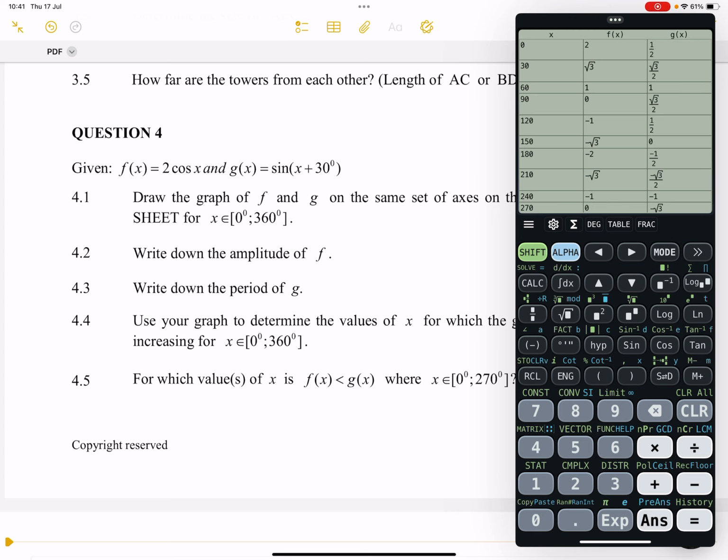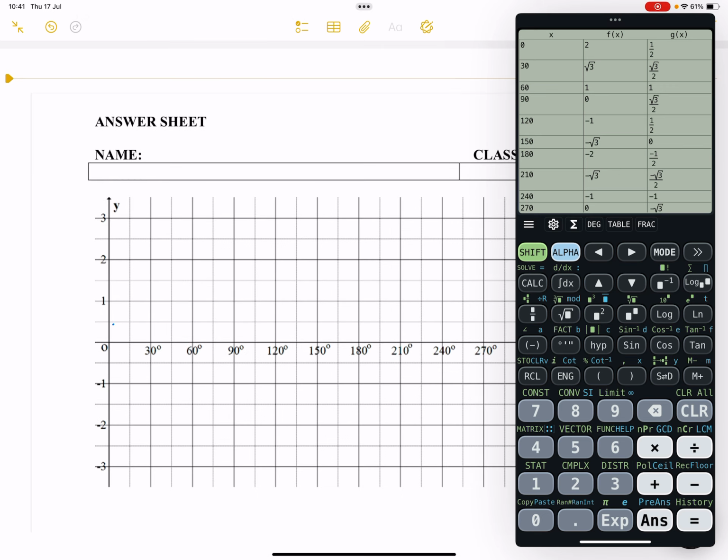So those are your 2 graphs. Meaning for the graph of f of x at 0, my graph is going to be 2. At 30, it's going to be square root of 3. At 60, my graph is going to be 1.